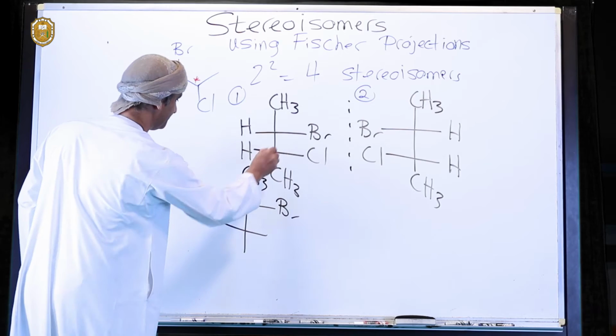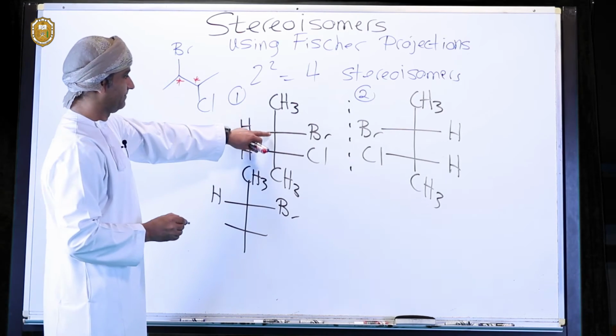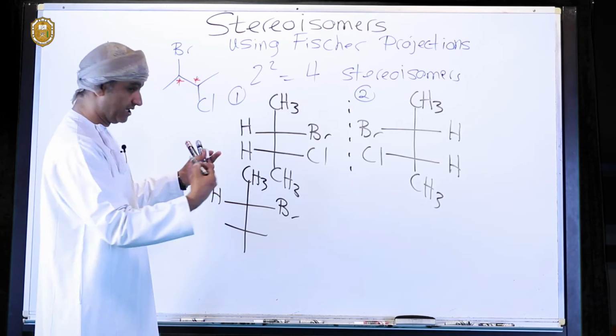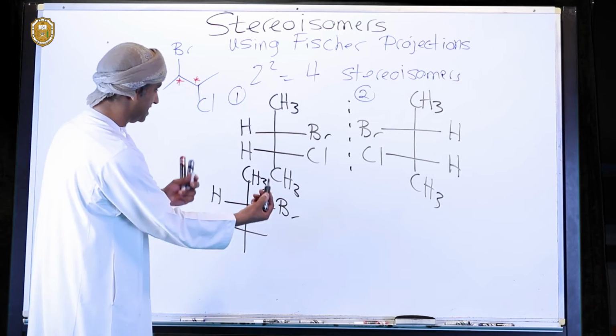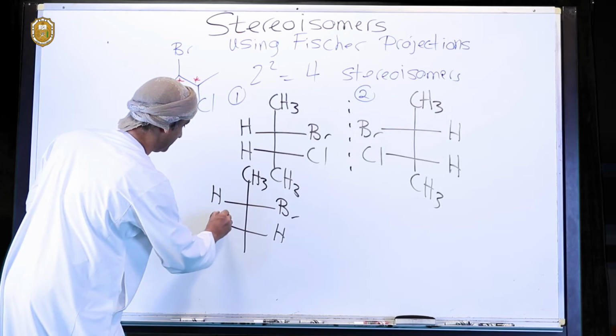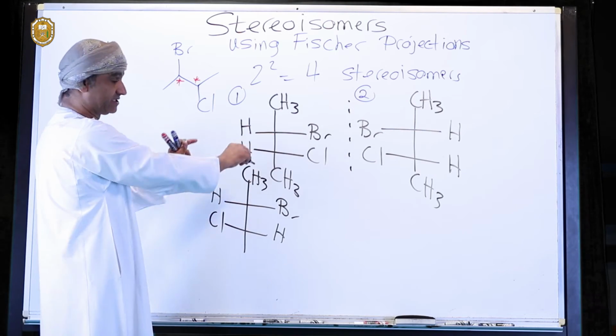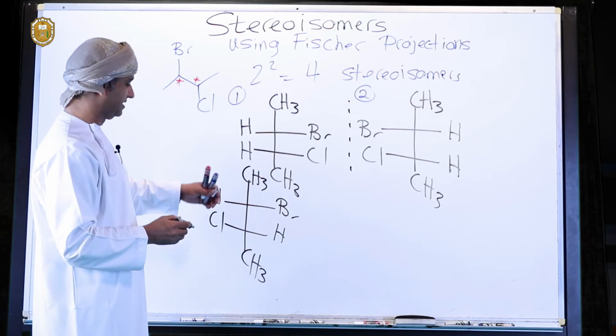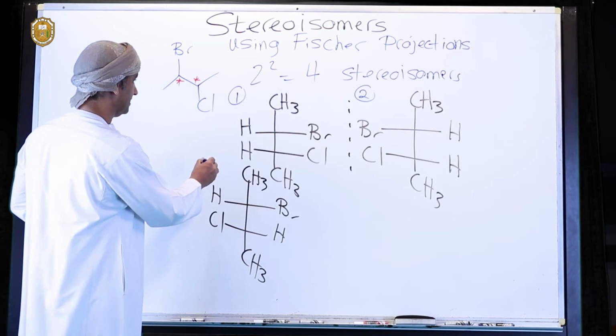If we keep the absolute configuration of this stereocenter fixed and change the other, we get hydrogen here and Cl. It was simply these 2 groups swapping positions. So this is the third stereoisomer.